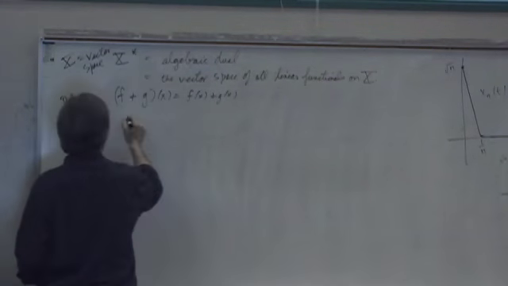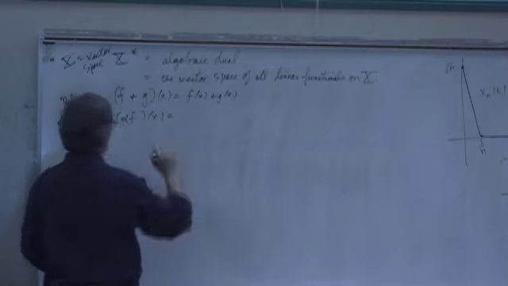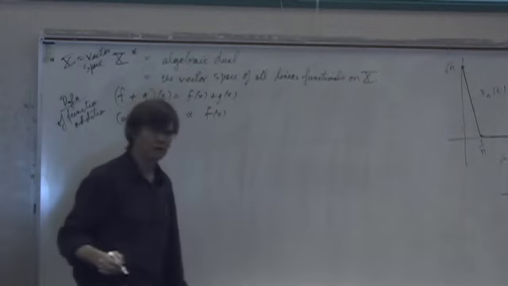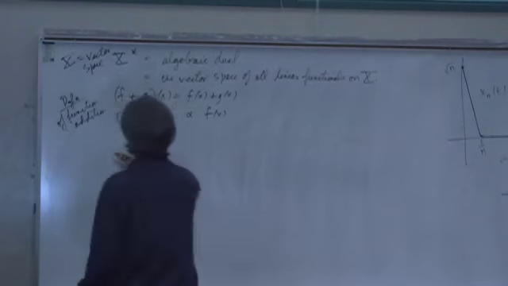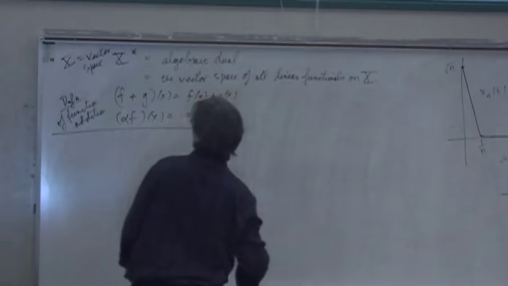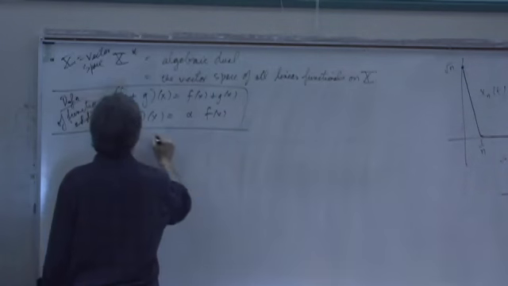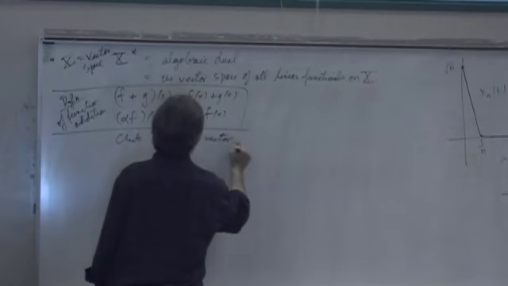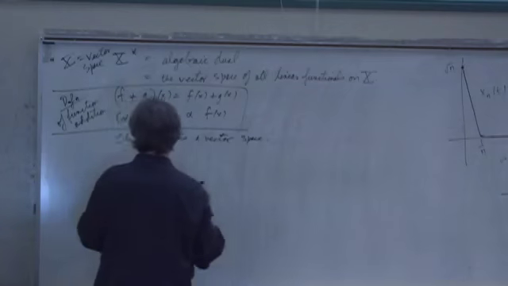And also alpha f at x means alpha times f of x. That's the definition for functions. There are no functionals in there yet. Now let's check that X star is a vector space. That should be an elementary exercise, but I'll do it anyway.